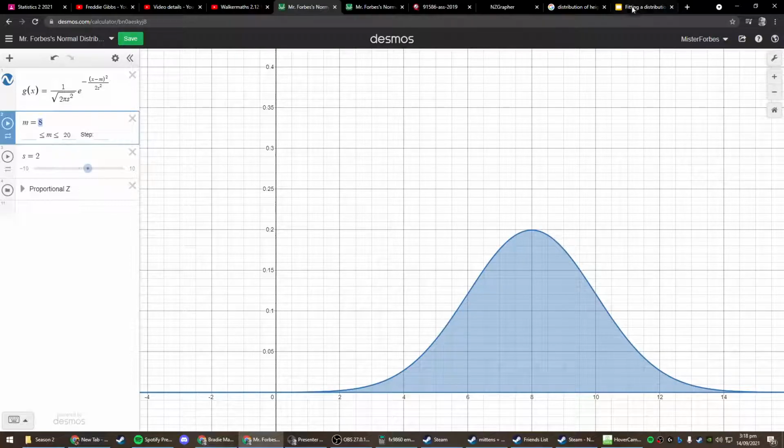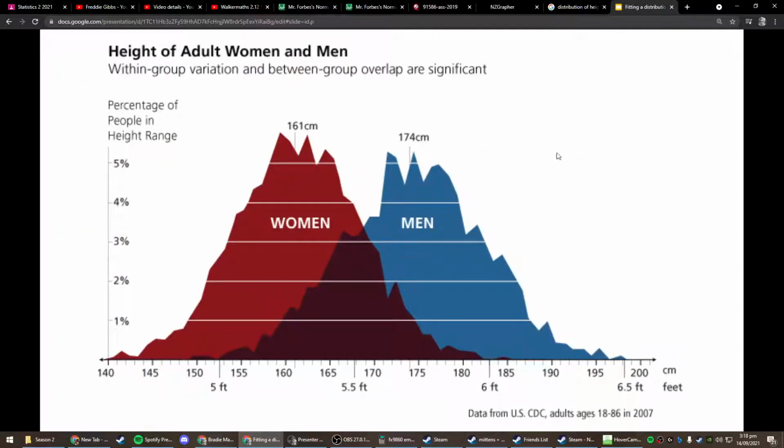Let's move on to an example. So if you look at this here, this is a data set from the US, adults aged 18 to 86 in 2007, and it's just showing a distribution of heights in the US. So let's focus in on women.